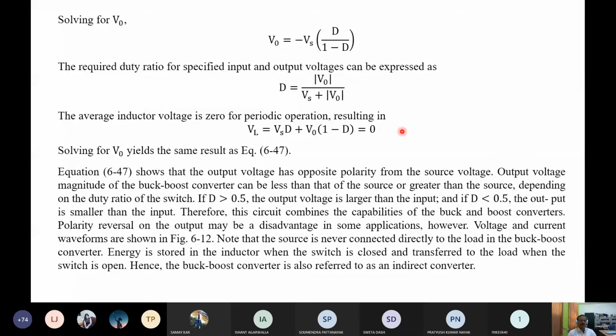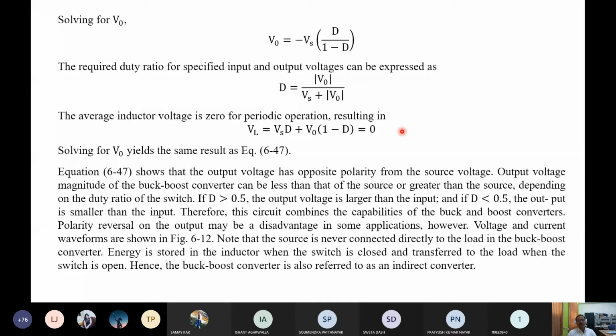If D is greater than 0.5, the output voltage is larger than the input voltage, step up. And if D is less than 0.5, the output voltage is smaller than the input voltage, or step down. Therefore, this circuit combines the capability of the buck and boost converters. Polarity reversal on the output voltage may be a disadvantage in some applications.